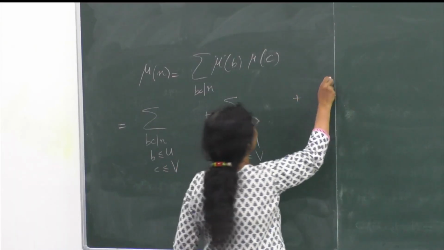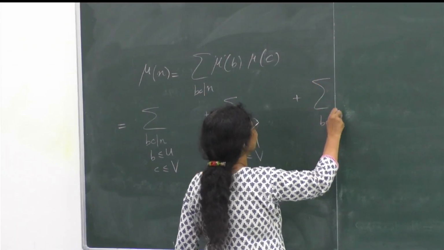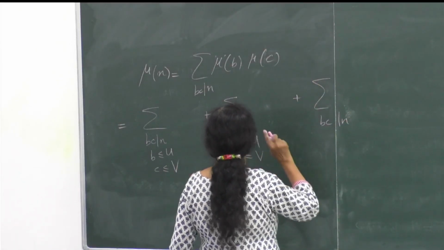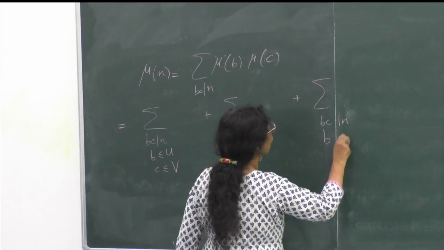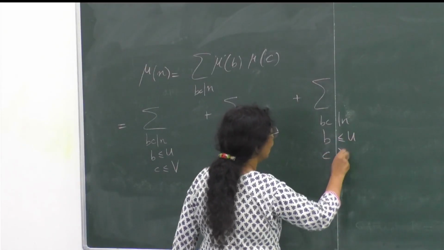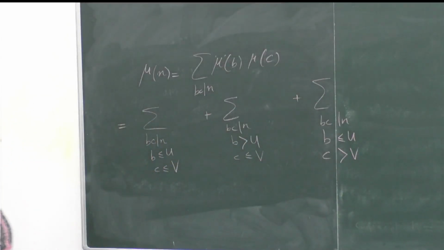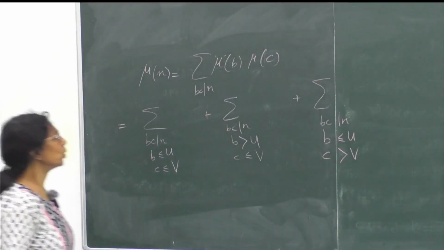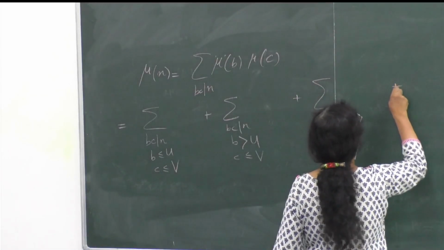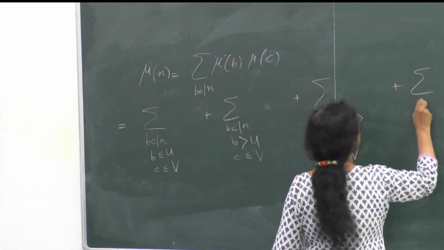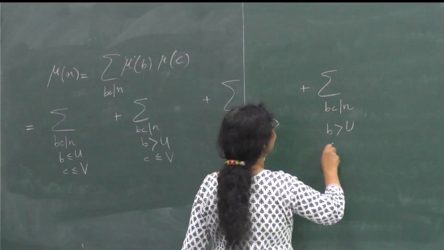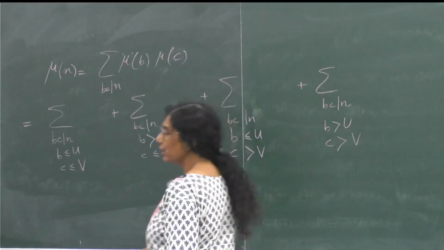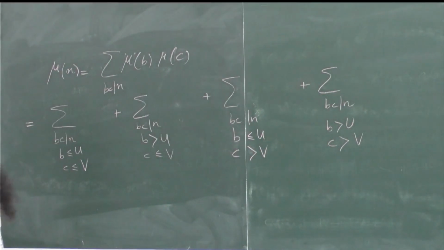Then bc divides n, keep the b the same and change the c, c greater than v. And finally change both: bc divides n, b greater than u and c greater than v. Is that okay? This possibility exists.